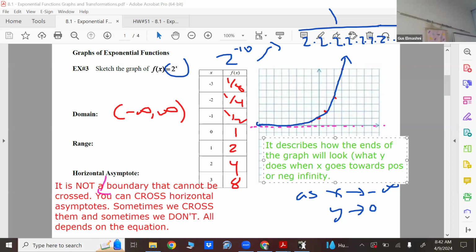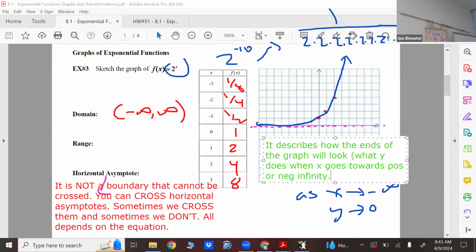That's all it ever is. Don't do the red, do the green. Stop this kind of thinking, do this kind of thing. Stop, go. Do not think it's a boundary. You can cross horizontal asymptotes.